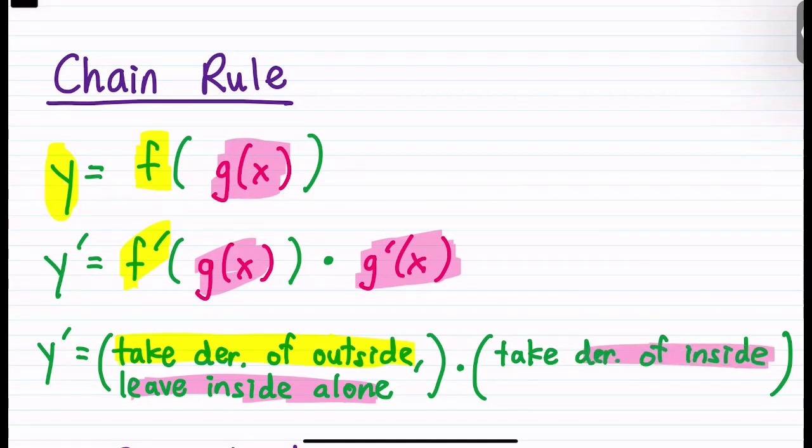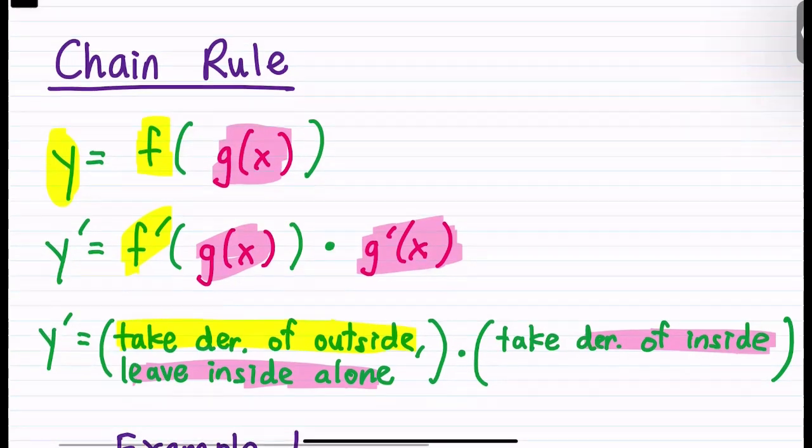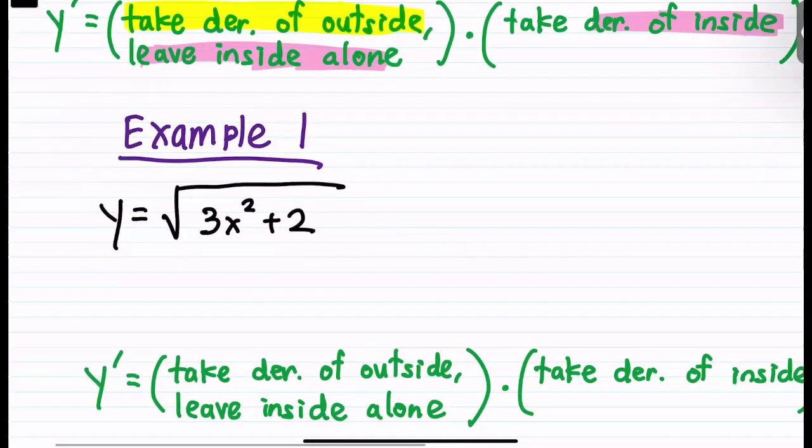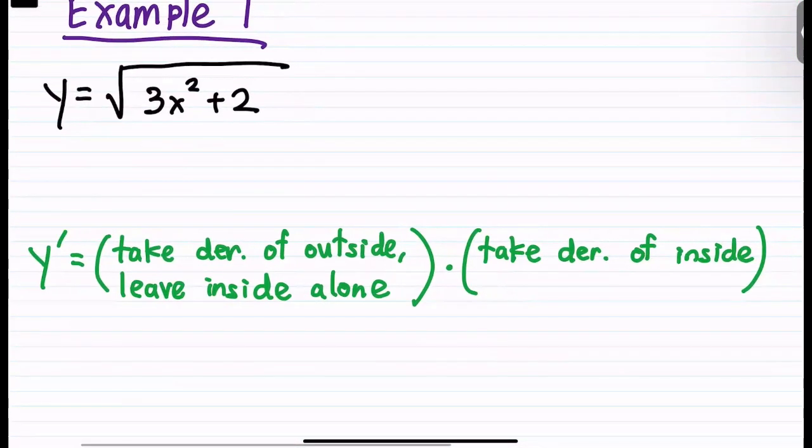Let's take a look at our first example. In this first example, we have the square root of 3x squared plus 2. Let's first rewrite this original problem so that we are no longer dealing with the square root symbol.